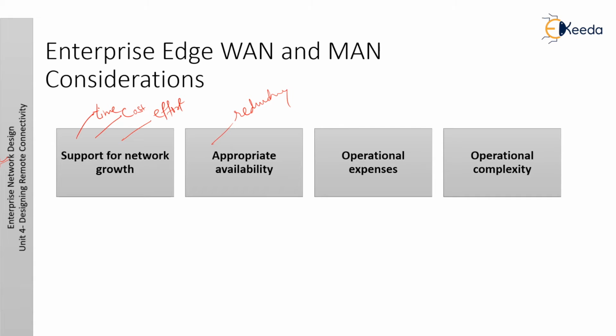Then, voice and video support. Most Cisco MAN and WAN technologies support quality of service, which helps enable advanced applications such as voice and video over the network. Where a WAN technology uses a service provider with a Cisco quality of service certified multi-service IP VPN, an adequate level of quality of service is assured to support voice and video traffic.